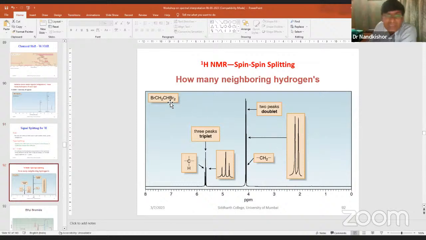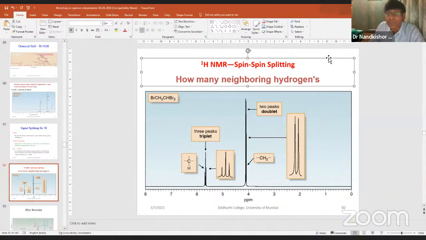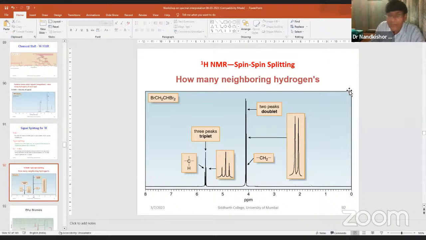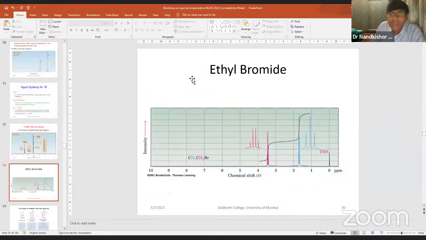Now, if I target the CH, which is close to the 2 bromines, that means a higher del value. It is nearby 2 protons, and 2 plus 1 is 3. So you will get a 3-line spectrum, which is called a triplet. Suppose we have ethyl bromide now. The ethyl bromide structure is CH2, CH3.